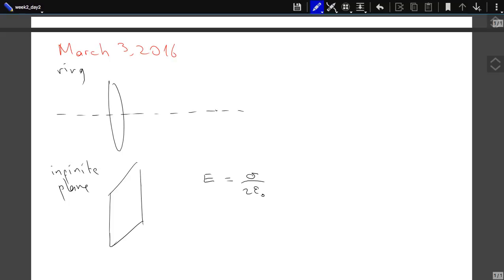This will come here. So this is basically how the electric field lines will look like.